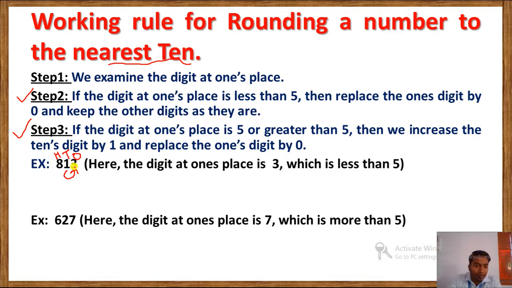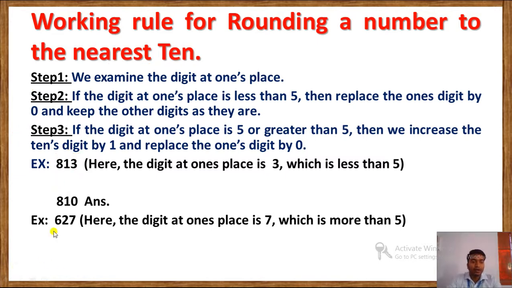Here the ones digit is 3, so we replace it by 0 and keep the other digits as they are. The other digits are 8 and 1, so we write 8 and 1 as they are. So the round off of 813 is 810.